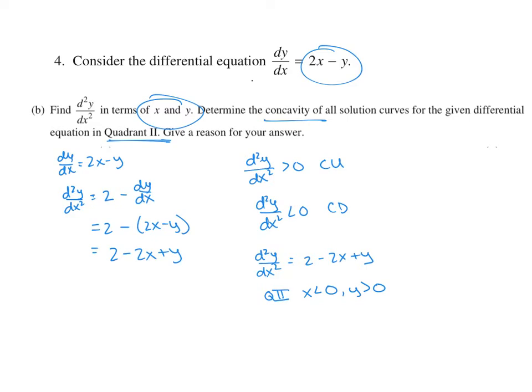So if x is negative and y is positive, then 2 minus 2x plus y would be like 2 minus a negative number plus a positive number. So that's always going to be positive no matter what. So we know that the second derivative is positive, so all solution curves in quadrant 2 are concave up.